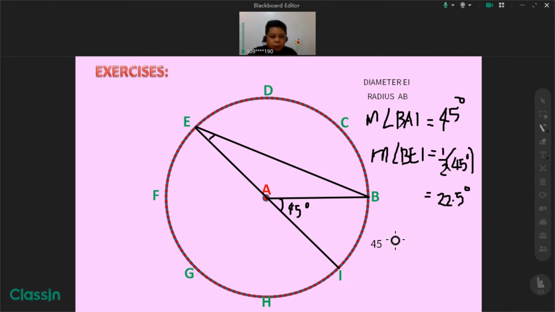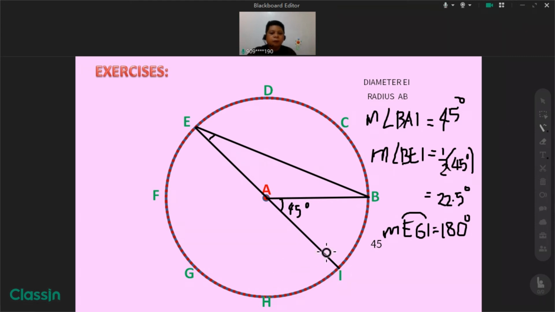And what is the measure of arc EGI? Let's find this arc from E going to G to I. Of course it is 180 degrees, because the diameter divides the circle into two congruent parts.